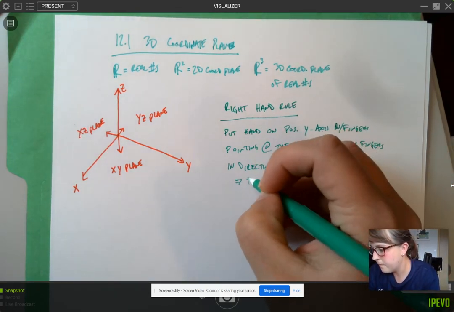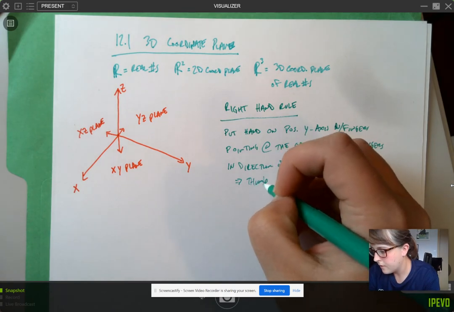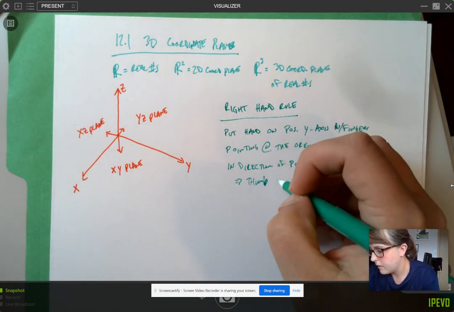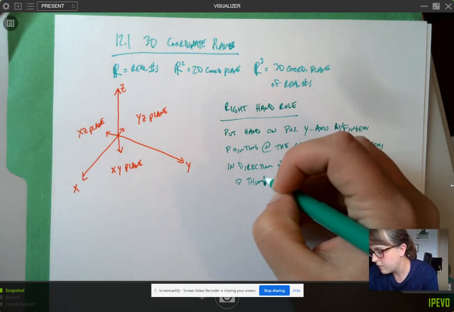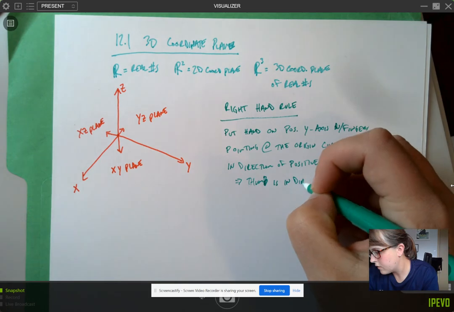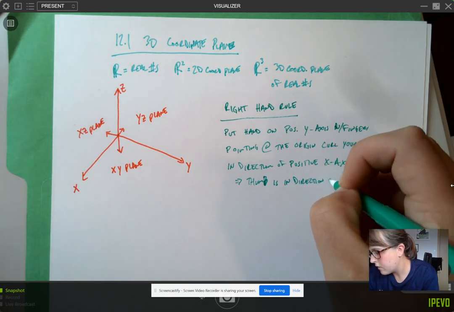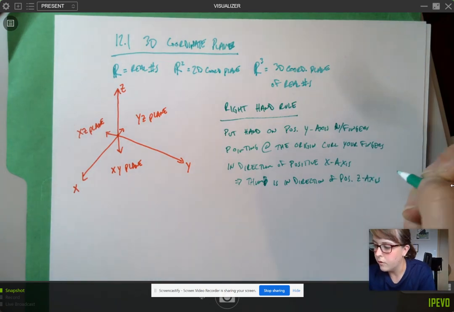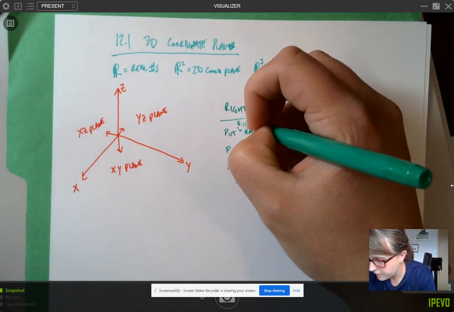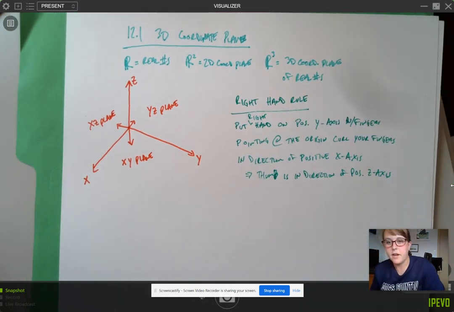Then your thumb is in the direction of the positive z-axis. Oh, and of course this is your right hand, but it's called the right-hand rule. So hopefully that was self-explanatory. That's how we determine, when we're drawing a three-dimensional coordinate plane, what direction the positive z-axis is going to go.